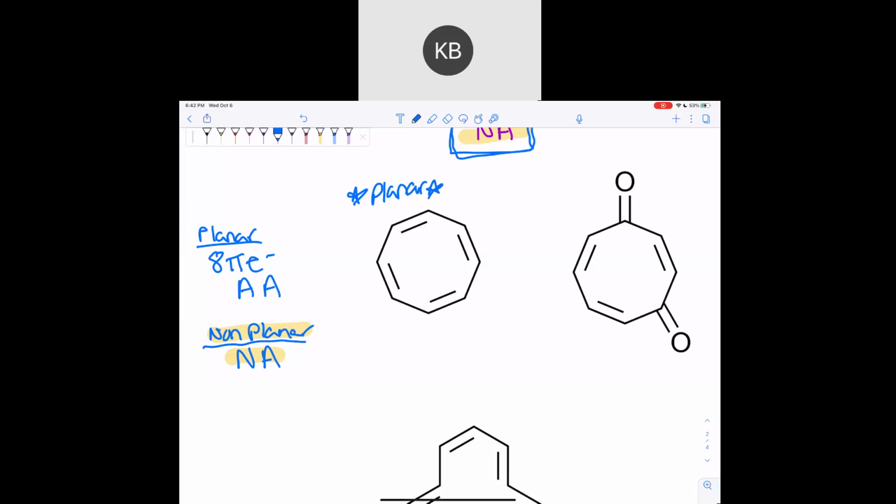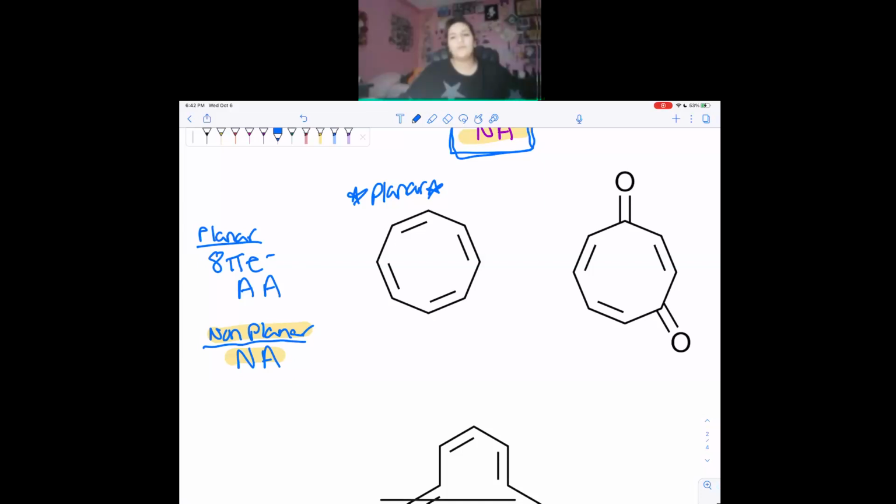So not necessarily. Remember when we did the bicyclic ones that had wedges and dashes and everything? Those wouldn't be planar. But if it was just one of the regular ones that didn't have any stereochemistry on it, those would be planar.